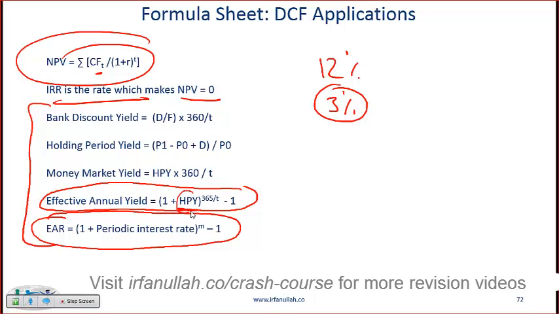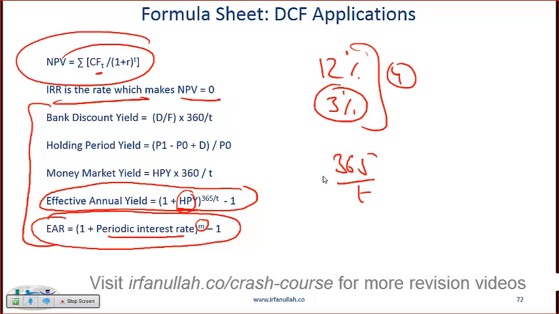So the holding period yield and the periodic interest rate are analogous. All right. And then here you have to the power of m. What is m? M is the number of quarters. So in this example, m would be 4, which is analogous to 365 over t, because if you literally have 90 days in a quarter, then this would become roughly 4, just slightly more precise. So these two are actually the same thing for all practical purposes.